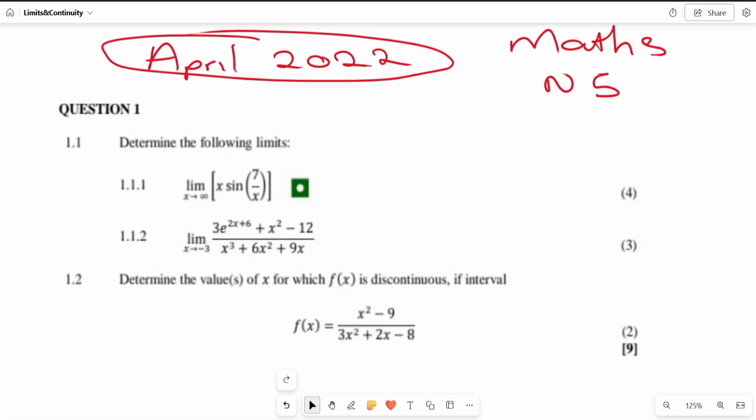We also discussed what to do when you are being asked to prove or to find the values of x when a function is discontinuous. Okay, however, we are going to do this question here, 1.2. We'll do it also with the first 2 questions.